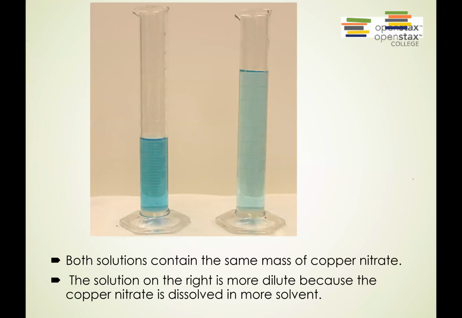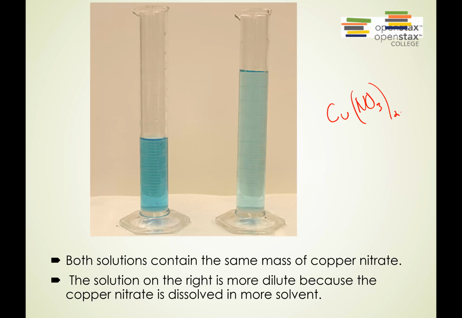For example, you can see in these graduated cylinders, the one on the left is much darker than the one on the right. They have the same amount of stuff, and the stuff here is copper nitrate, right? Because we know our nomenclature, we know copper nitrate, Cu(NO3)2, is our copper nitrate.